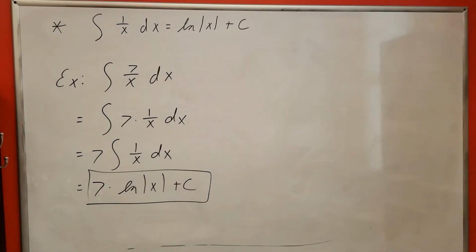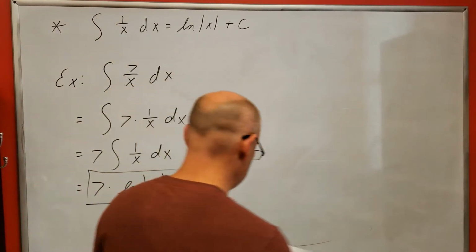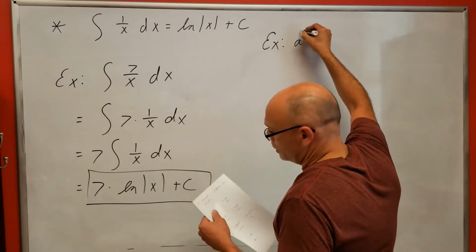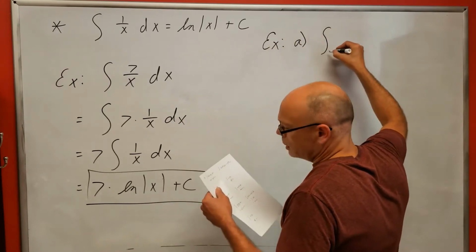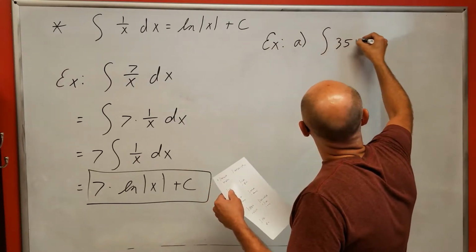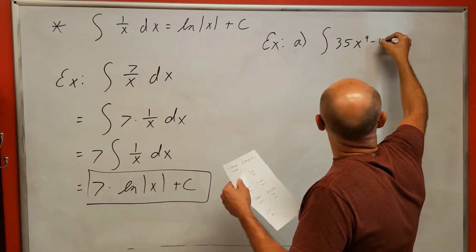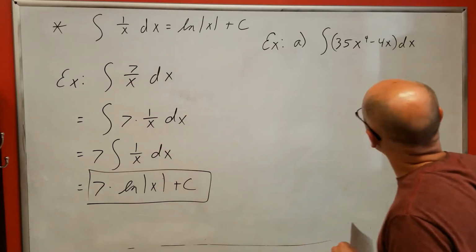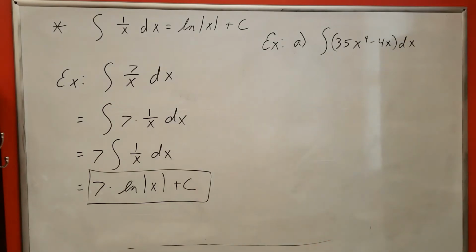All right, let's take a look at what's next. Just go ahead and call this A. What about an antiderivative of 35x to the 4th minus 4x dx? What if I want an antiderivative of that? Well, what could I do here?